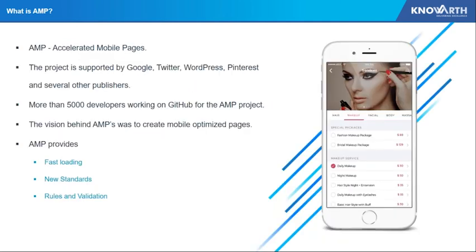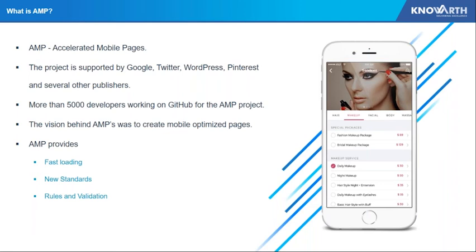So what is AMP? AMP stands for Accelerated Mobile Pages. It's an open source framework driven by Google with the goal of delivering faster mobile pages to users. It's also supported by several publishers like Twitter, WordPress, Pinterest, and many more like The Guardian.